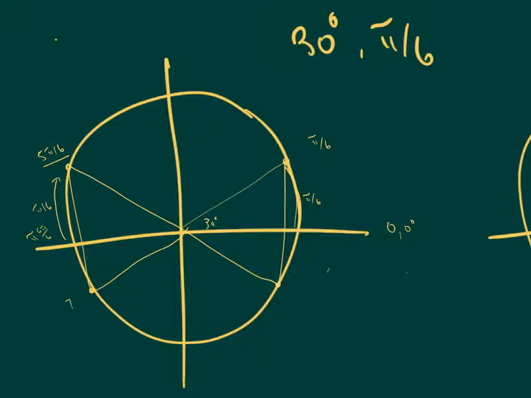Here we're at 7 pi over 6, and at this one we're at 2 pi. If we're over here, that's really 12 pi over 6. So if we scoot back pi over 6 units, we'd be at 11 pi over 6.